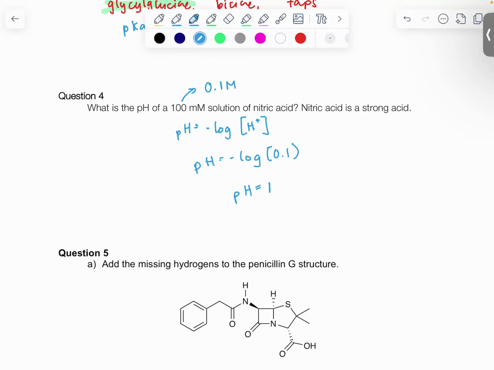Questions on this one? I know you plug it in like that, but this is a strong acid. How would you do it if it was not a strong acid? He won't ask about that.